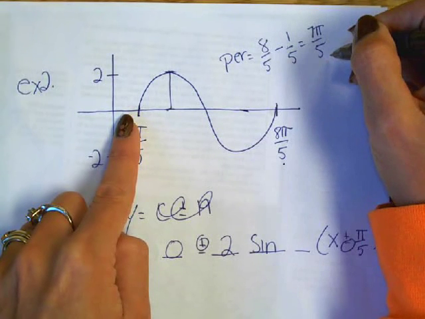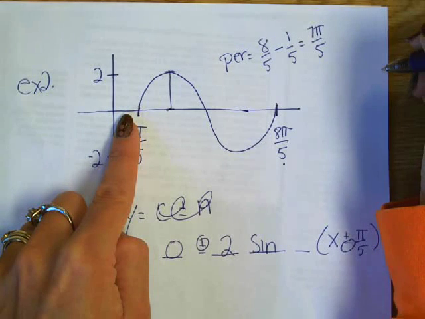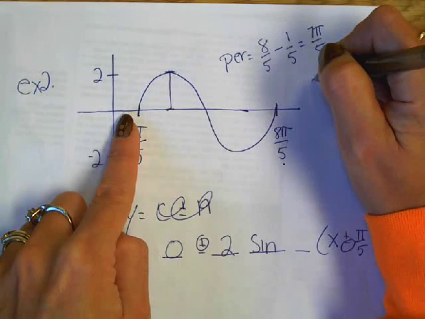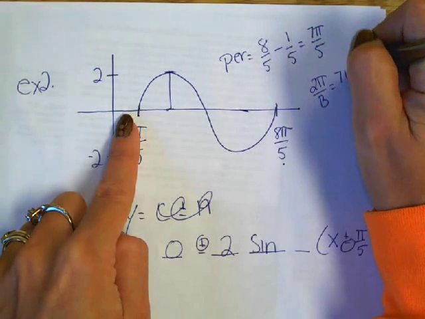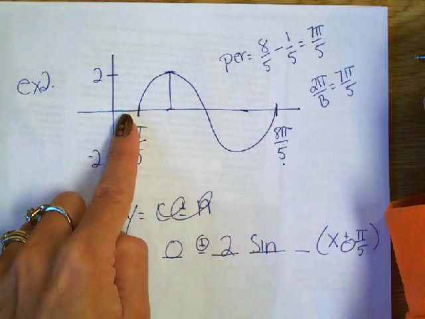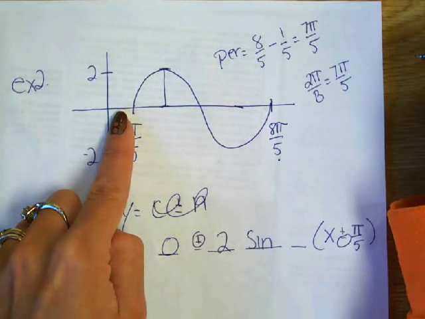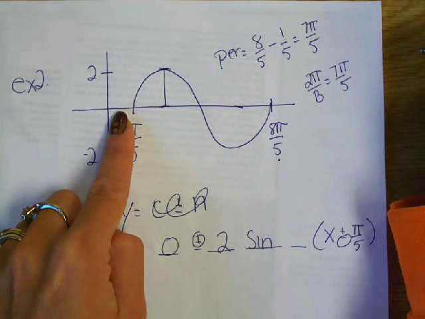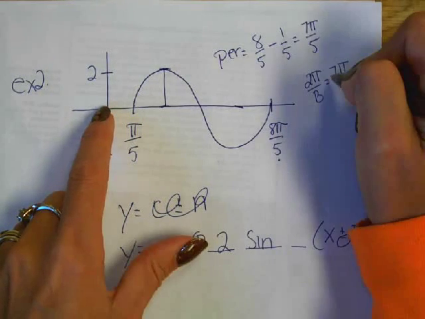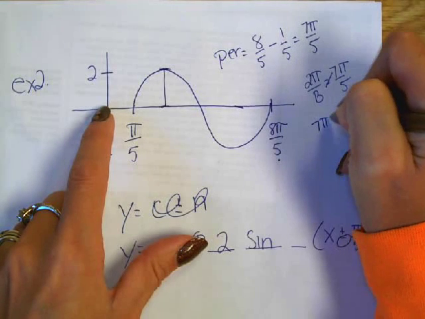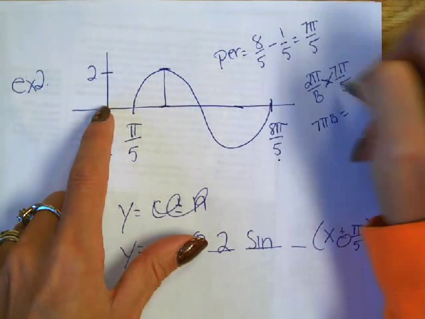Now I set 2 pi over B equal to that to find the B. Before, all the other ones we started at 0, so the ending value was the period. Now it's not. So 7 pi B equals 10 pi.